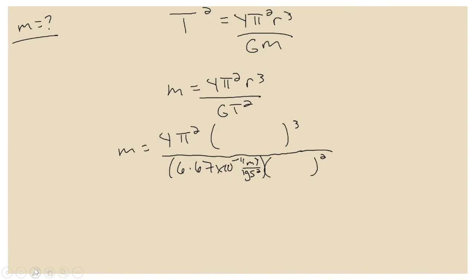And so we're going to plug in here our mean distance from the sun, which is 5.79 times 10 to the 10 meters, and our period, 7.60 times 10 to the 6. And when you do that math, taking 4 times pi squared times 5.79 times 10 to the 10 meters cubed, and then divide that by the product of 6.67 times 10 to the negative 11 and 7.60 times 10 to the 6 seconds squared, you get 1.989, or to 3 sig figs, 1.99 times 10 to the 30 kilograms.